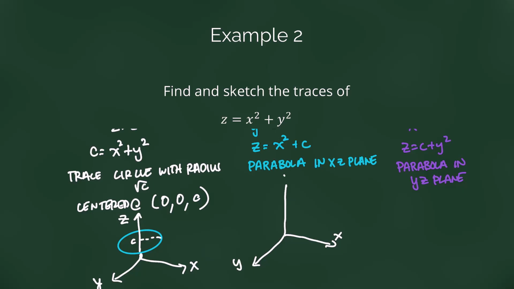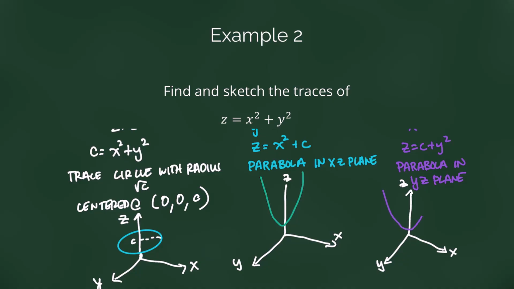x, y, and z here. So this time our parabola is in the xz plane. So it's going to look something like this. And then in our last example, we're running out of room here. Now we're in the yz plane, so our trace is going to look something like this.